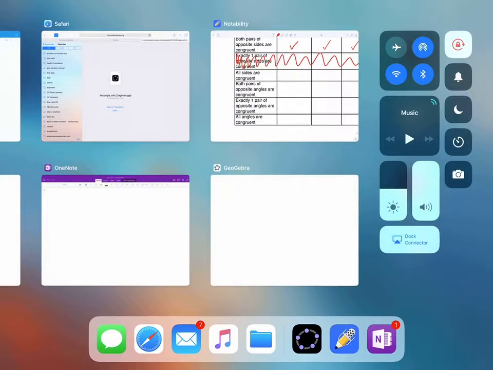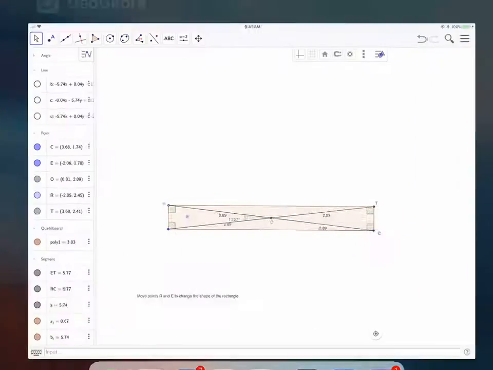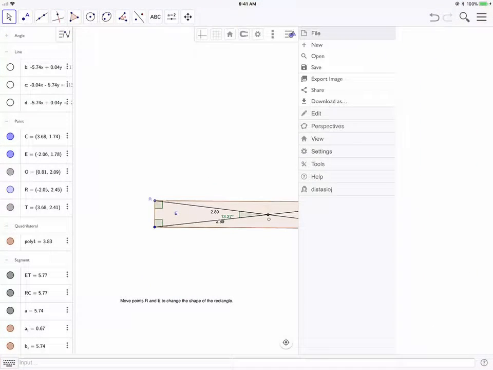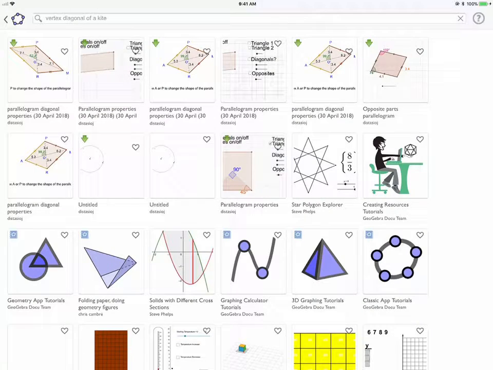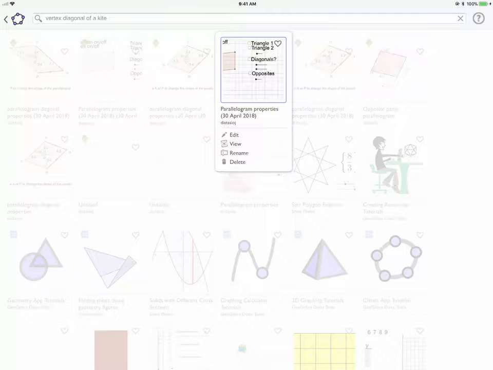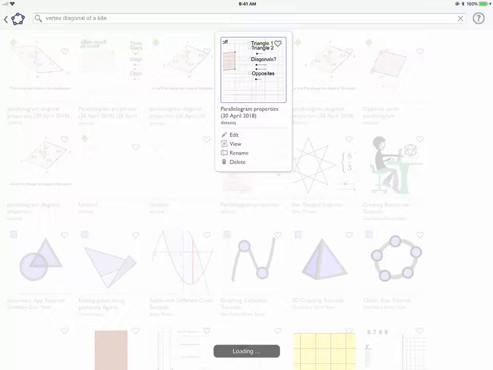So let's look at another GeoGebra here for that one. Let's see, which one do I like here? I think it is this one. Let's see how this looks.